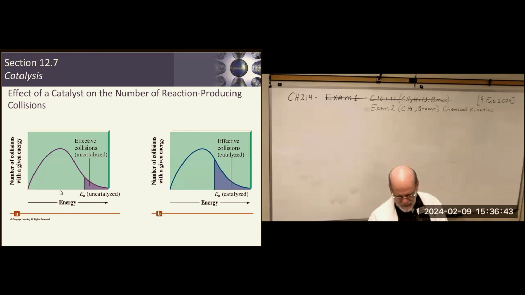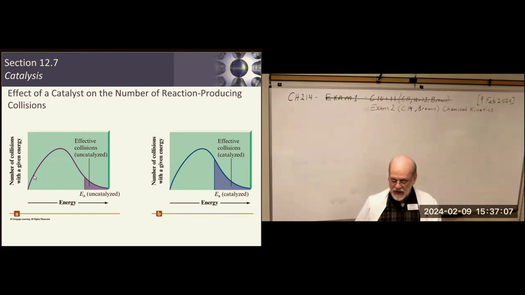So as you increase the amount of energy, you reach a point in the middle where most of the reactants are at that energy level. But it's not enough to promote the reaction. You need to get beyond it into that blue area for the left one. That will give you enough energy to meet or exceed the activation energy.